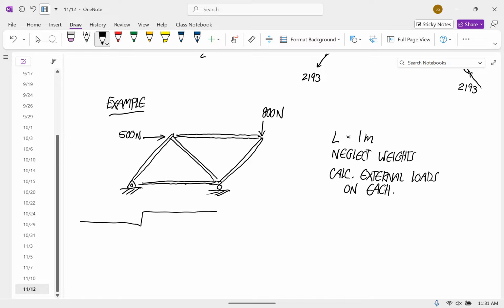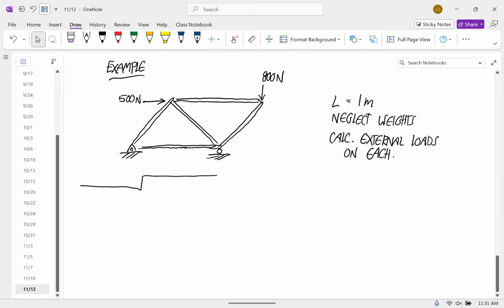Okay, so I'm going to call these members 1, 2, 3, 4, 5, and I'll call the joints A, B, C, D. I'm used to thinking about it in terms of the number of equations, but how many variables do we have?